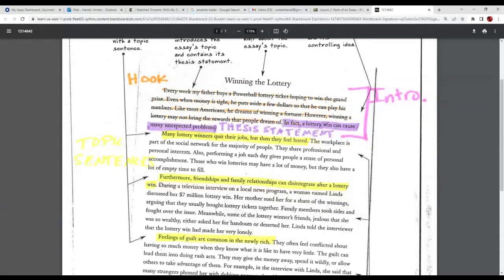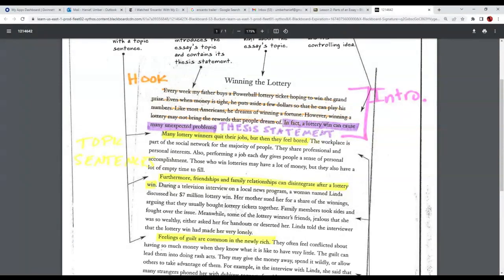Have any of you guys talked about the hook in your 1101 class? Read about it, but we haven't. Okay. Can anybody tell me what the job of the hook is? It's to get the reader interested. Right. Exactly.